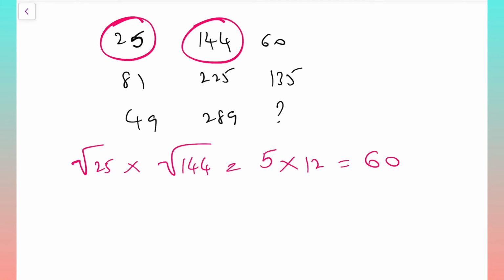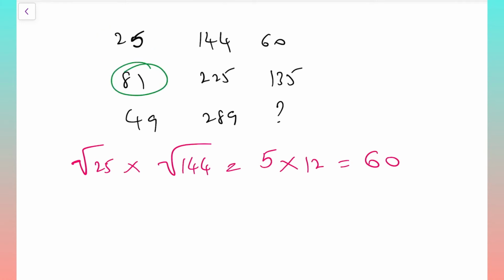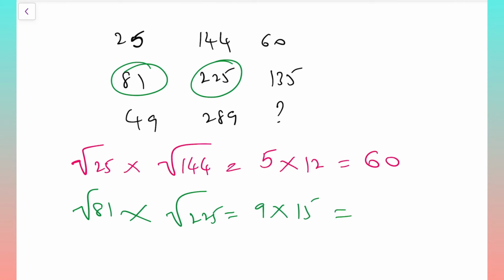In the previous question we did square root of first number plus square root of second number. In this case square root of the first number into square root of second number. Okay, next one then. Root 81 into root 225. Root 81, 9 into root 225, 15. 15 9s are 135. Let us apply the same logic for the third row also then.